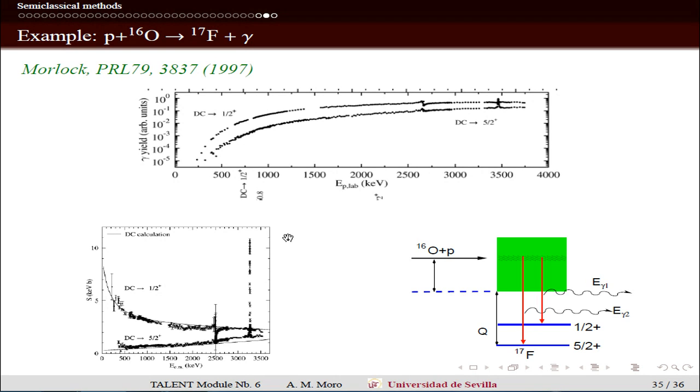You see that they have a much smoother behavior, so you can compare more easily with some calculations and try to extrapolate to smaller energies. So this is the idea of using these astrophysical factors. These vertical lines here correspond to some resonances in the fluorine-17 system. Resonances are specific energies at which the capture process is particularly favored.